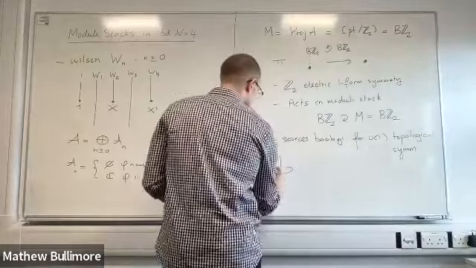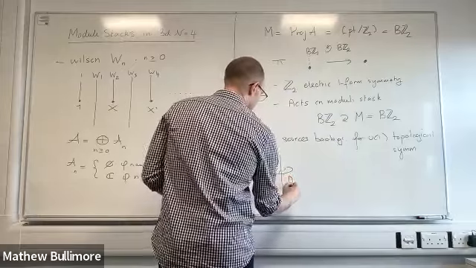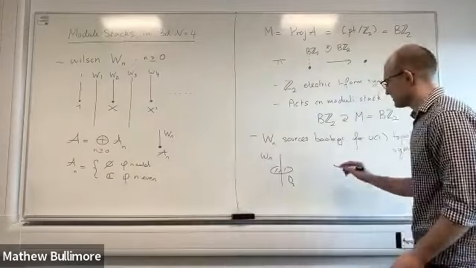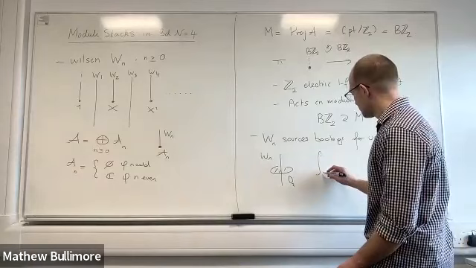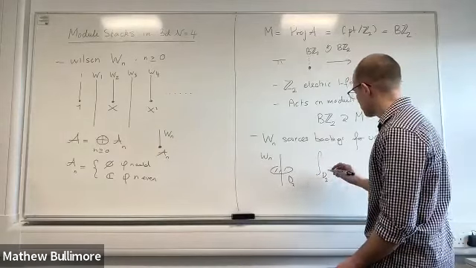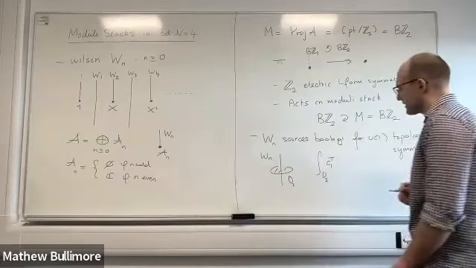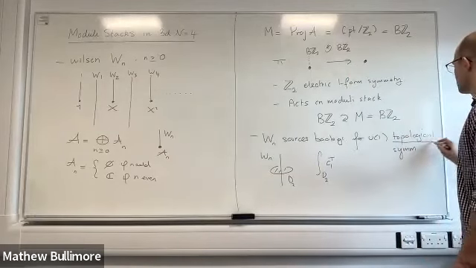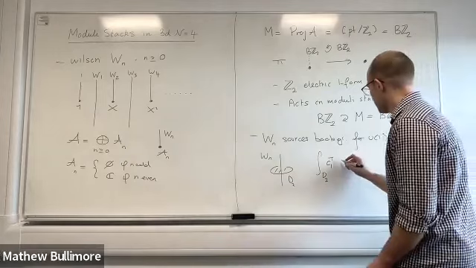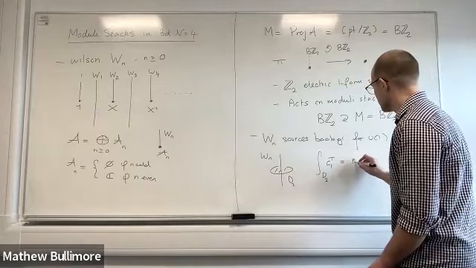Here's the Wilson line Wn. Here's a small disk D2, then the integral over D2 of the first Chern class of the background for the topological symmetry is given by the integer n.